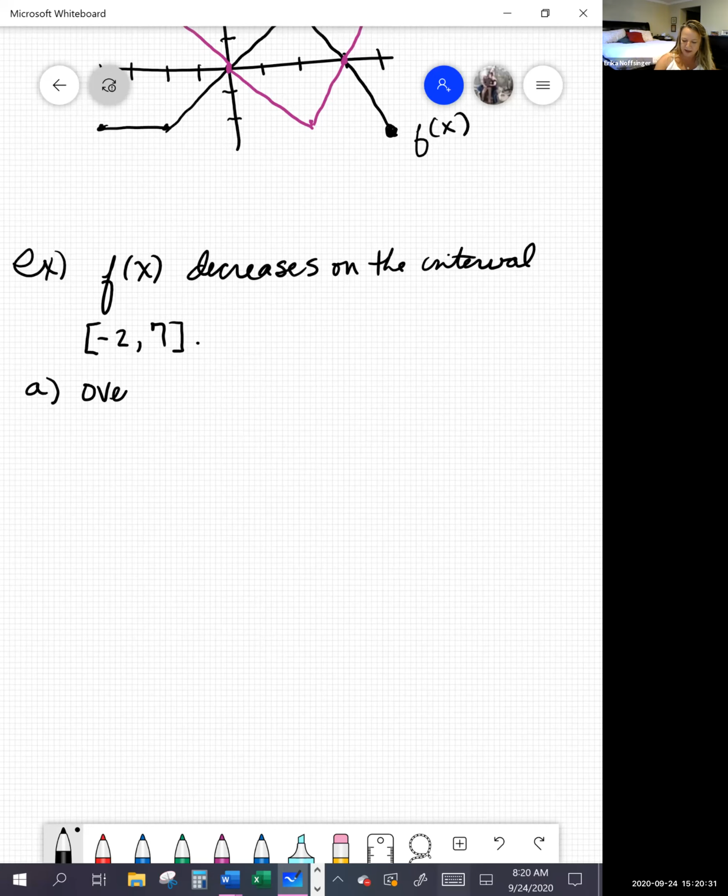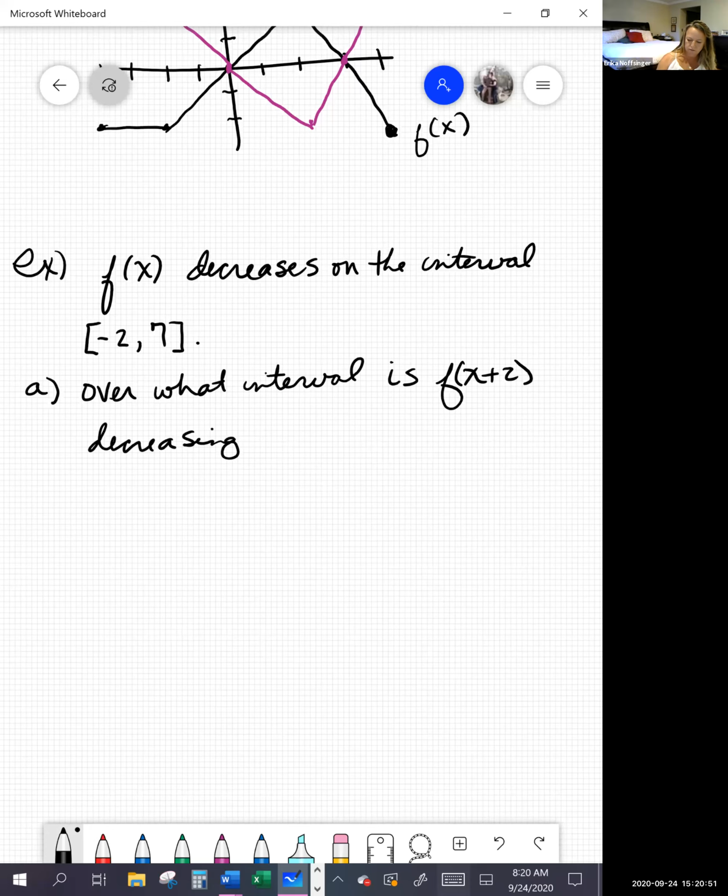So over what interval is f of x plus 2 decreasing? So what do you guys think?